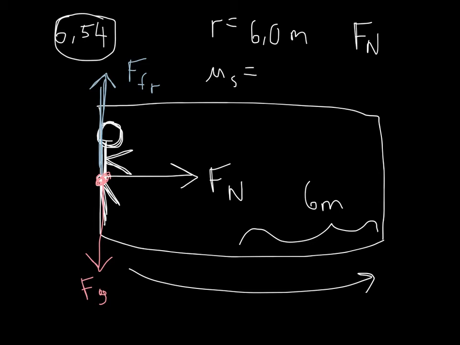And what is mu? 0.25. Did they give us a weight for this rider? Do they have a mass? No? That seems odd. Seems like something we'd need. Let's keep going.